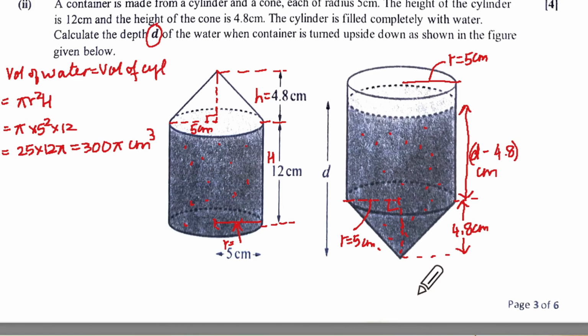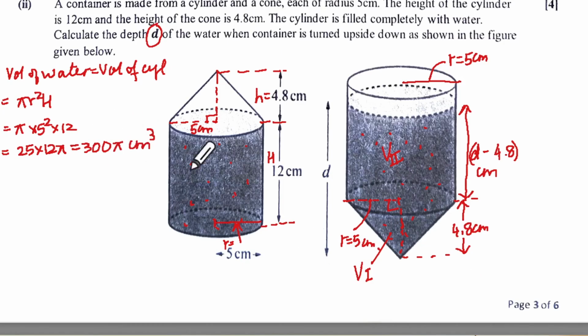Okay. Now the total volume is going to be this volume plus this volume. Agreed? So I'm going to call this one as volume 1, and I'm going to call this as volume 2. Understood what I'm doing?